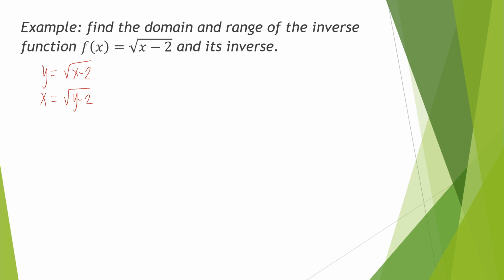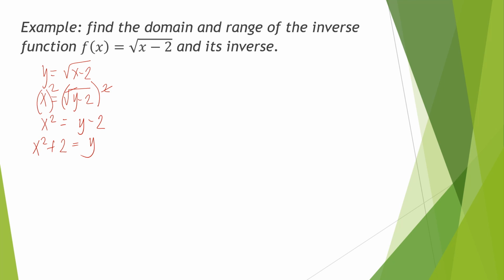So since may square root tayo dito, we extract the square root. Then cancel, cancel. So that will become x squared is equal to y minus 2. Then para ma-solve natin yung y, we transpose negative 2 to the other side. That will become x squared plus 2 is equal to y.